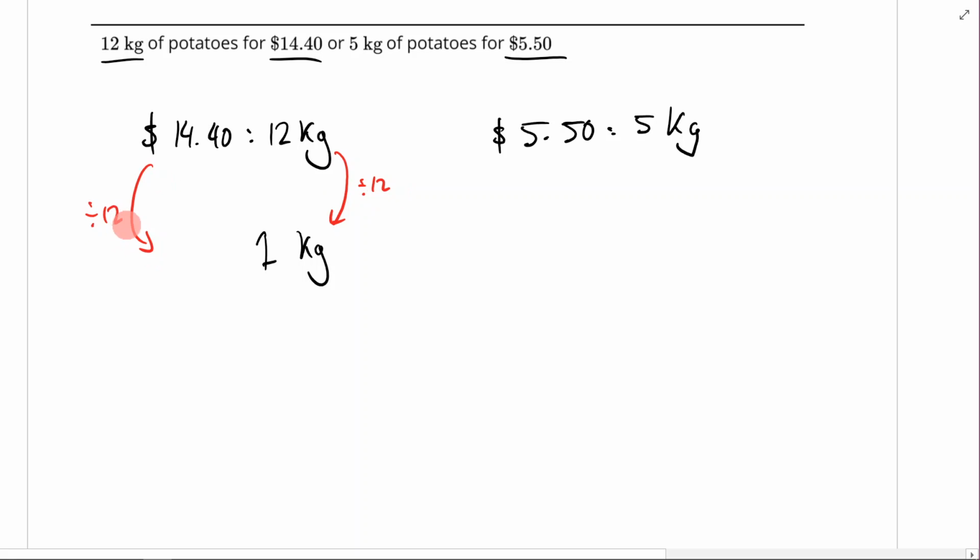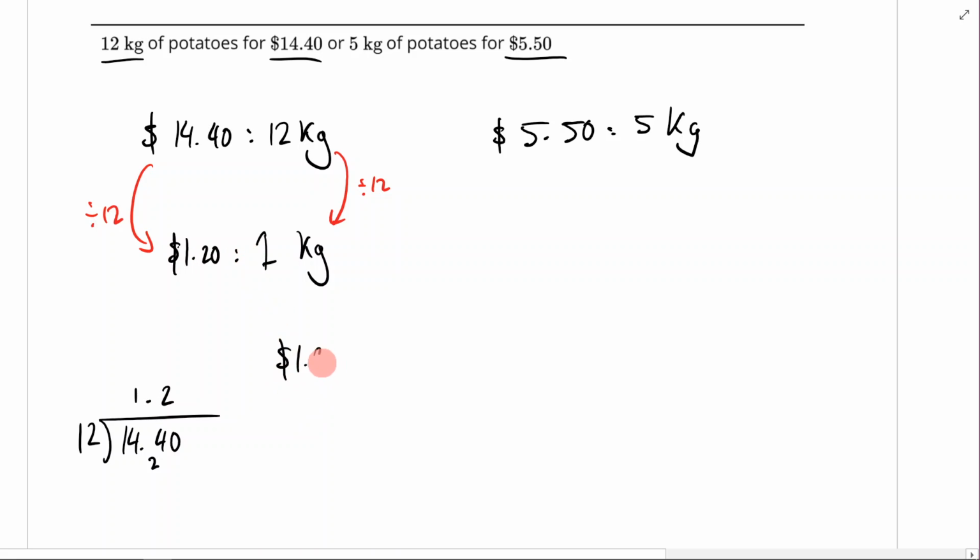I'm going to have to divide this by 12. So that means what I'm going to end up with is 12, 14.40. How many times does 12 go into 14? It goes in once with 2 remainder. How many times does 12 go into 24? It goes in twice. I put my decimal place straight up there. So this is going to be $1.20 a kilo.